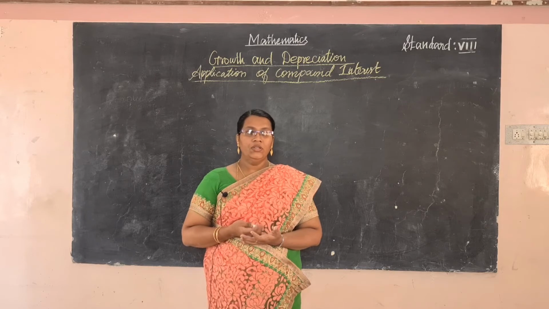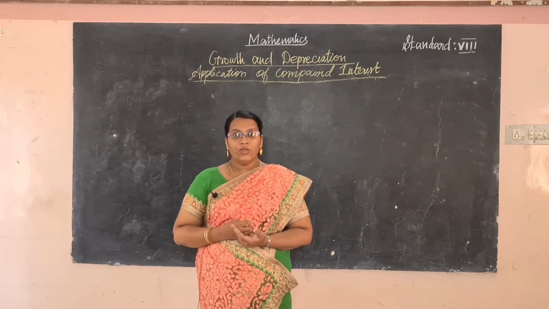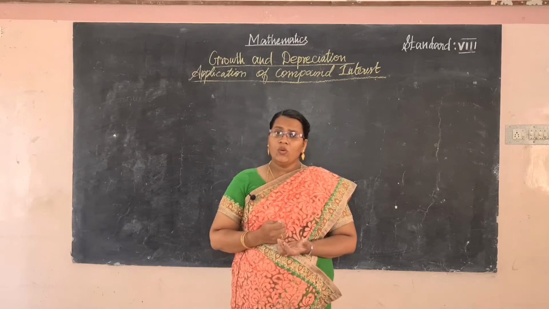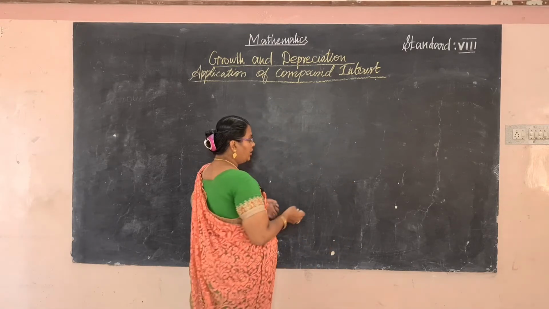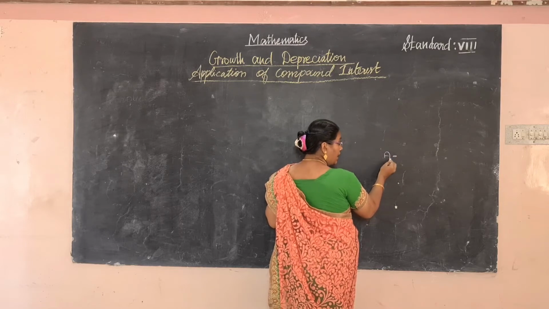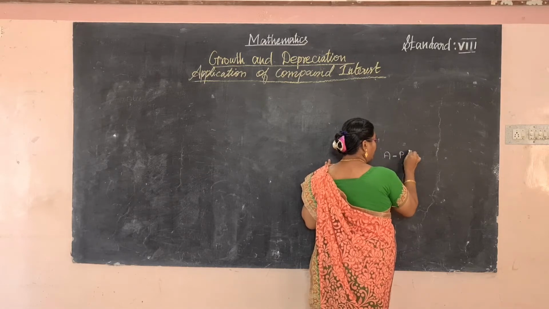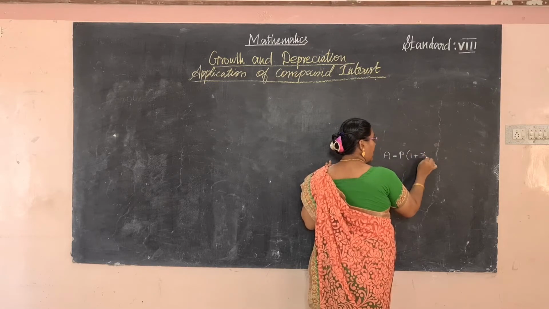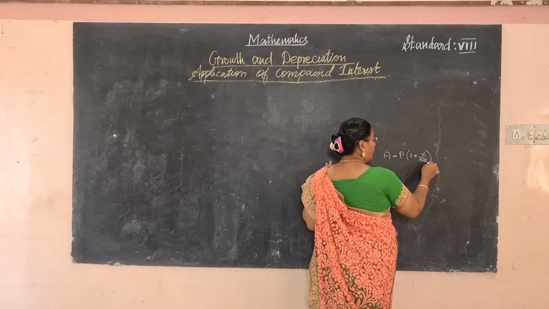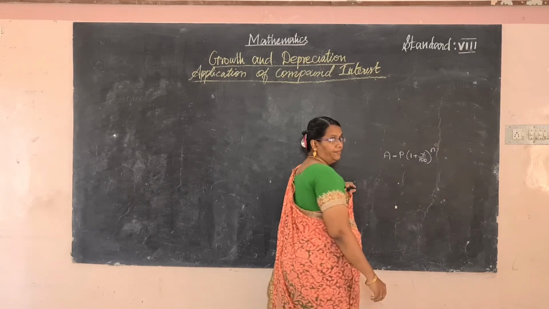For example, compounded annually, compounded half-yearly and compounded quarterly. Compounded annually, the compound interest formula for the accumulated amount is A equals P of 1 plus R by 100 the whole power n.